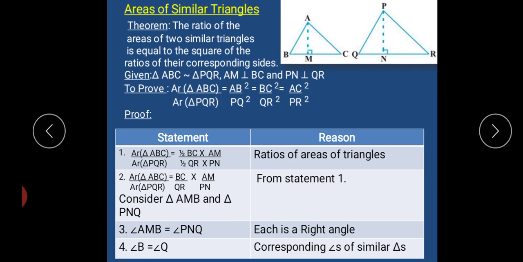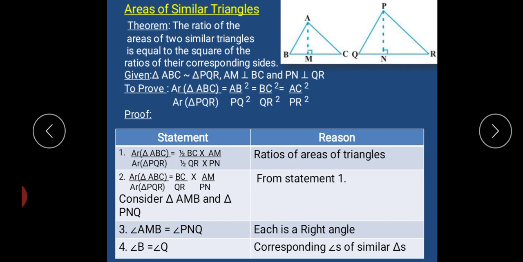Second, we are already given that triangle ABC and triangle PQR are similar. And in the beginning we have seen that when two triangles are similar, the corresponding angles are equal. B and Q are the corresponding angles of triangle ABC and triangle PQR.